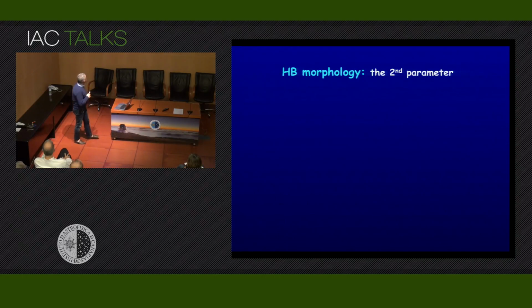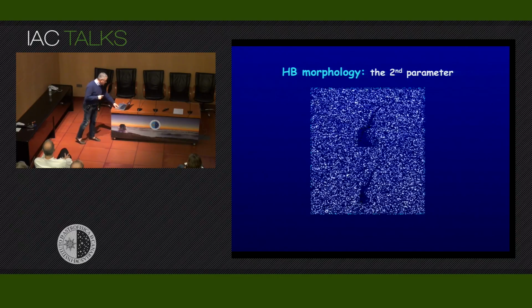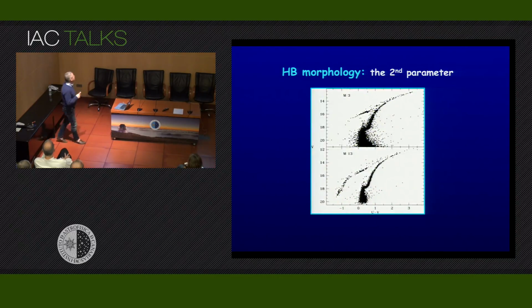Now, let me discuss the horizontal branch morphology in the context of the second parameter problem. This is a really long-standing problem. It was discovered, if I remember, in 1955 by Sandage, who observed the color magnitude diagrams of different clusters with the same metallicity, and the situation is this one.